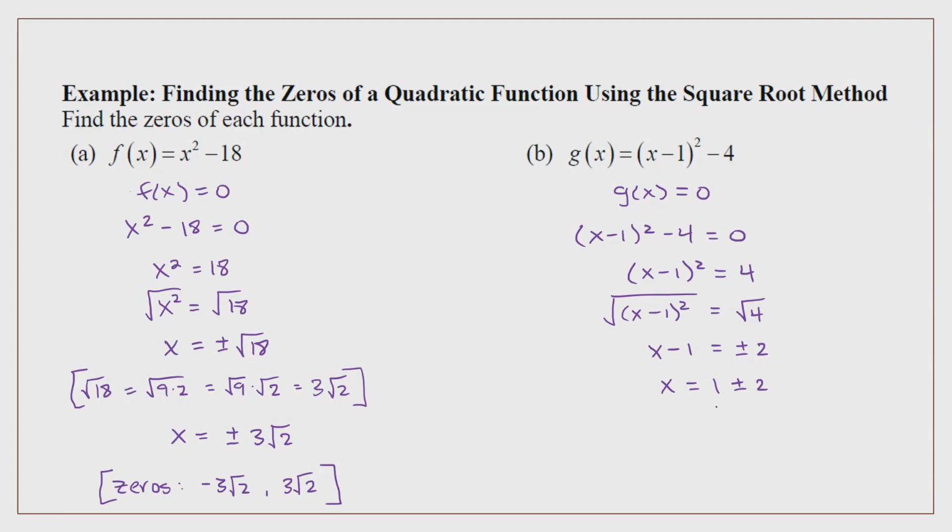Now we have x by itself, and if we evaluate the right-hand side here, x can equal 1 plus 2, or x can equal 1 minus 2. Now 1 plus 2 is 3, and 1 minus 2 is minus 1. So our zeros for this quadratic function are negative 1 and 3.